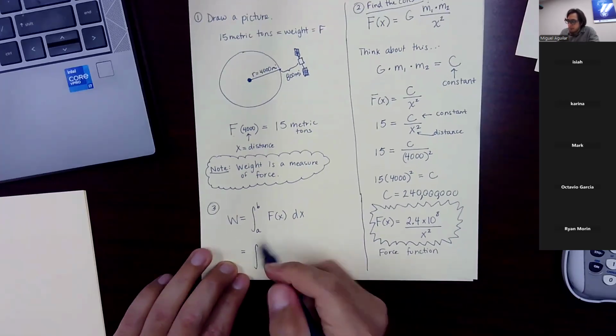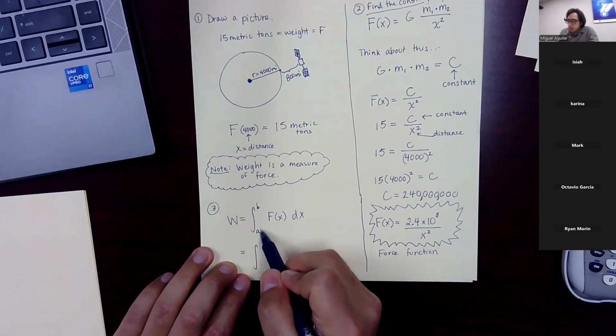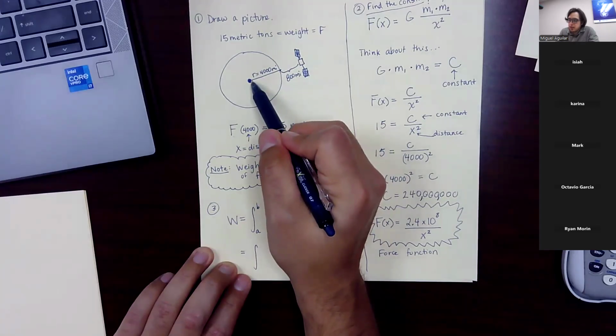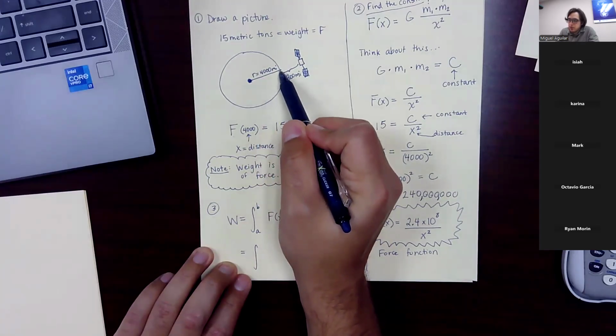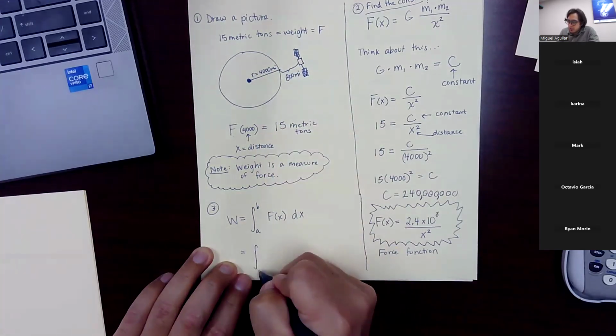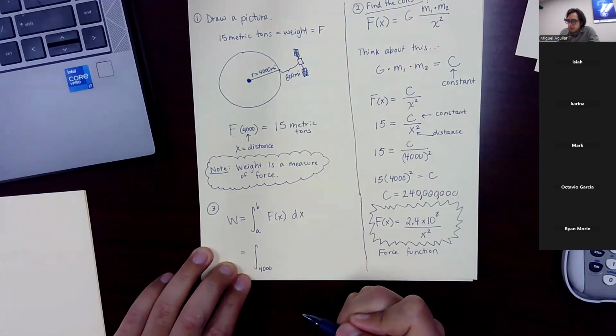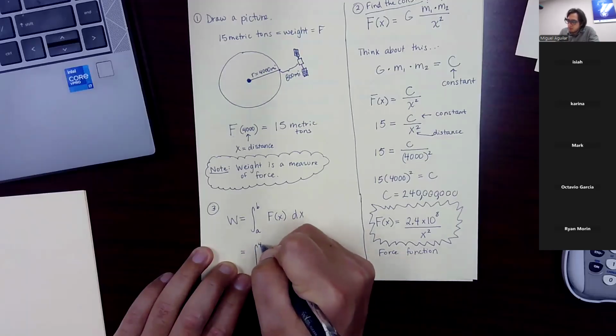So if the initial force that was given was a measurement here at the surface of the Earth, well, then that's going to be from 4,000 to 4,800.